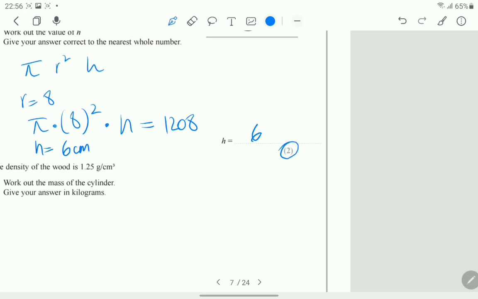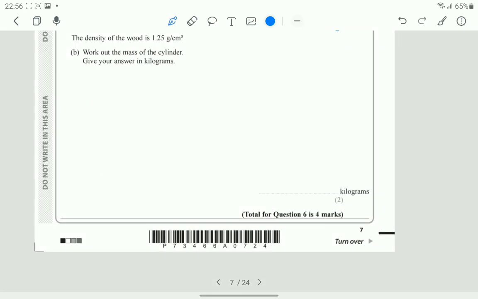Congratulations. Part b of this question states that the density of wood is 1.25 grams per centimeter cubed. Work out the mass of the cylinder. Give your answer in kilograms. So density is basically how dense this cylinder is.